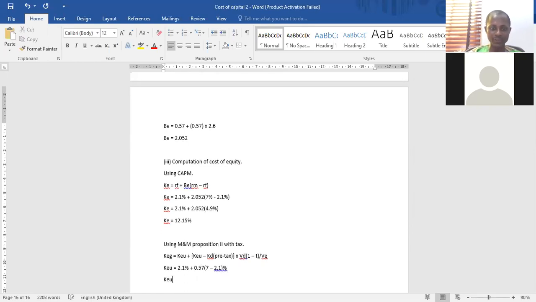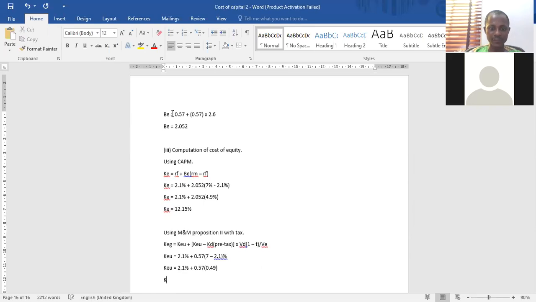So cost of equity ungeared will be equal to 2.1% plus 0.57 into bracket 4.9. So let's compute this. Cost of equity ungeared will be equal to 0.57 times 4.9, 2.79 plus 2.1, 4.9%.